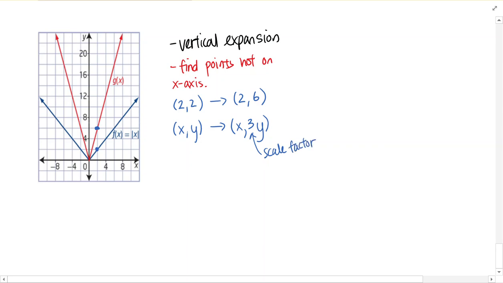To write that down, this is our g of x. Remember, for vertical expansion, this scale factor goes outside of the function f of x. Or another way to write this, again, we can replace f of x by the absolute value, so 3 times the absolute value of x.